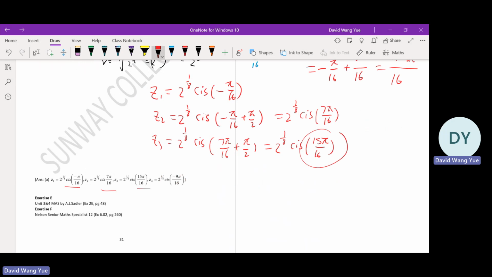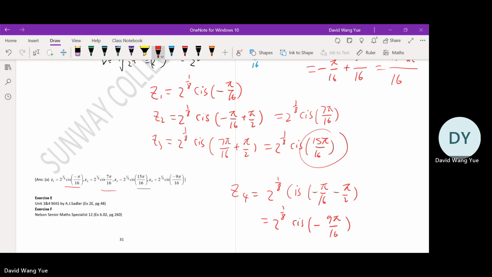So instead of adding pi over 2, we come back to the first root and then we minus pi over 2. That's how we get the last one, minus 9 pi over 16. This is how we get the 4 roots.